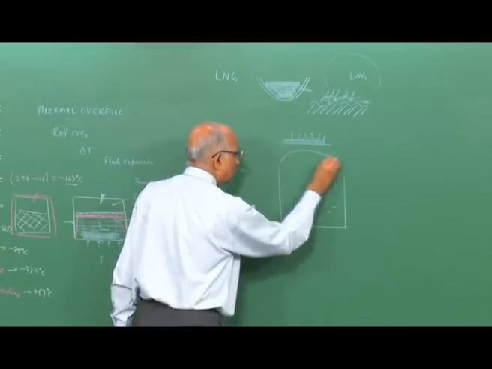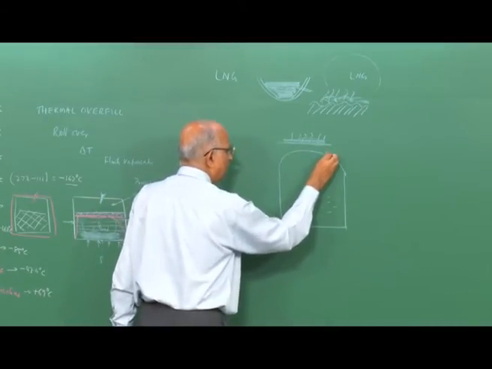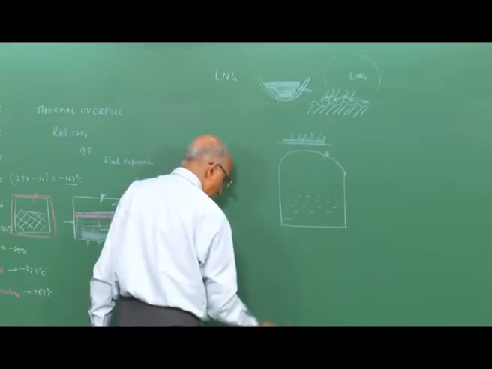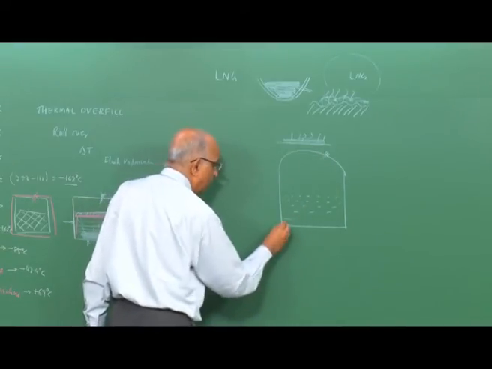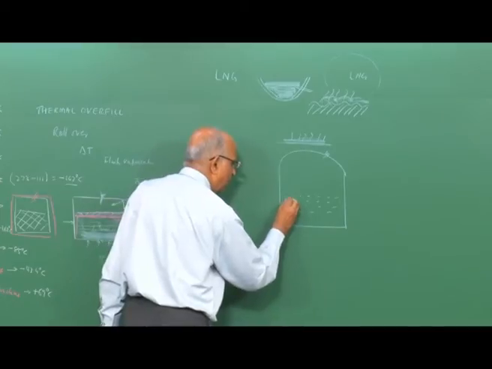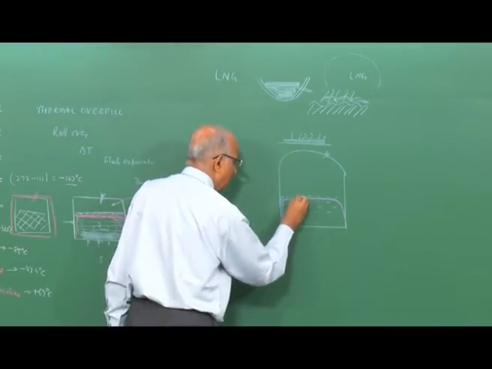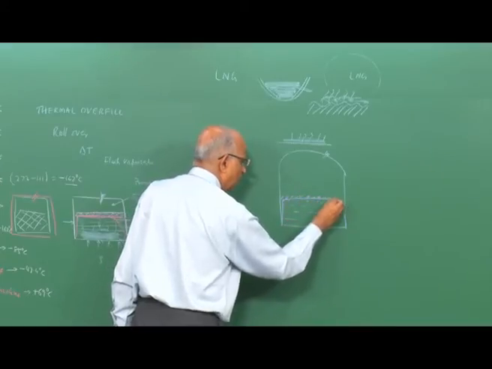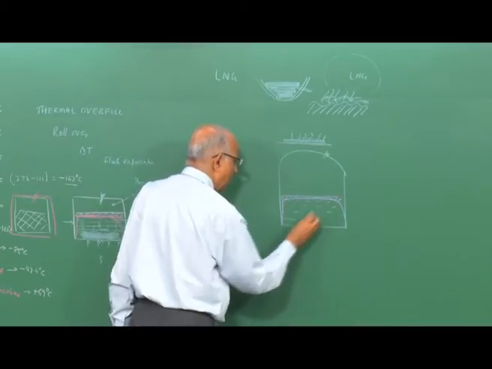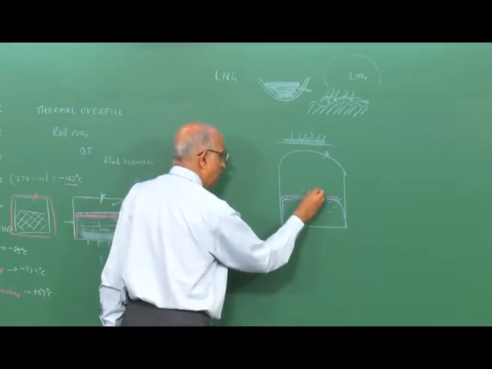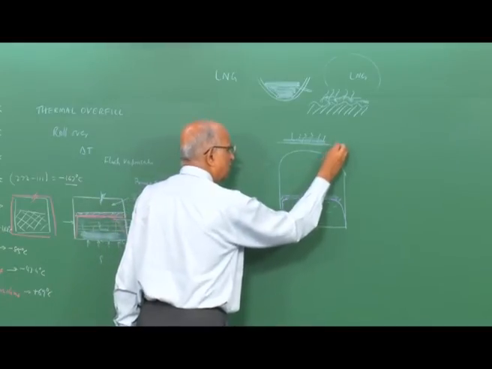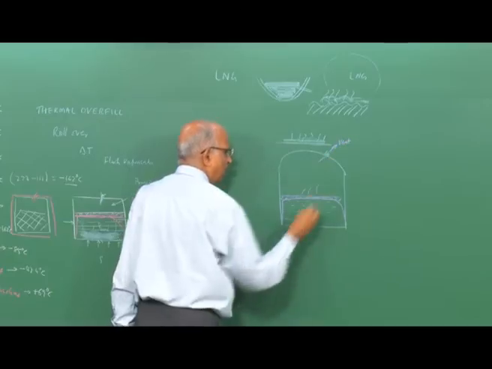Let us say I have a storage vessel like this, with a vent valve, because whatever said and done, you cannot avoid the stratification. You have a stratified warm layer at the top, shown shaded over here, and therefore evaporation takes place, and you have to essentially vent off the gases.